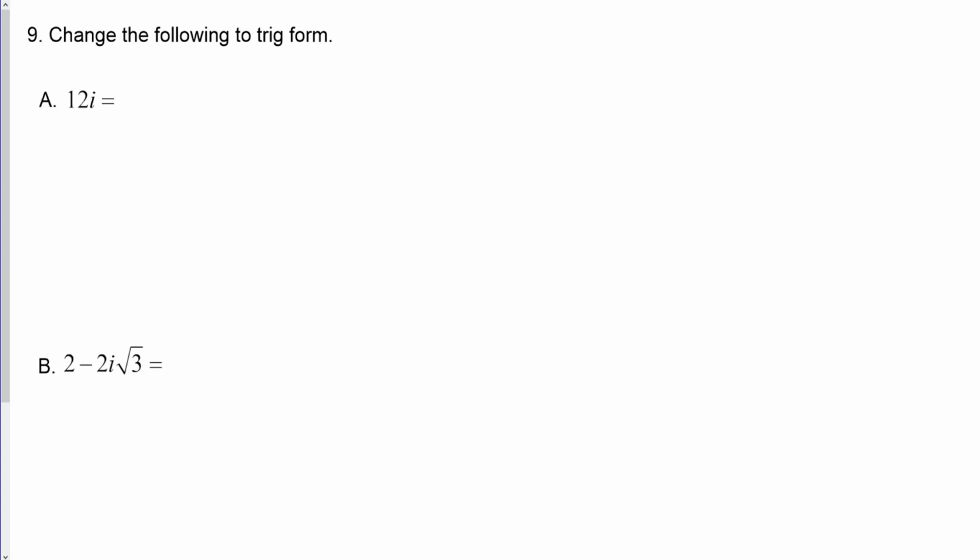Number 9. Change the following to trig form. Alright, so trig form of a complex number looks like something CIS theta. So that's what we need to change here. Now, a couple of ways you could do this.